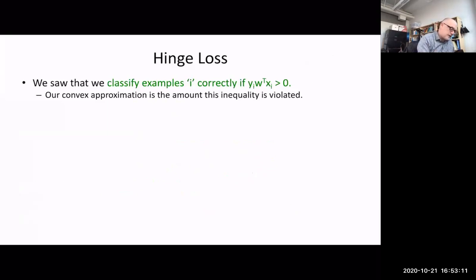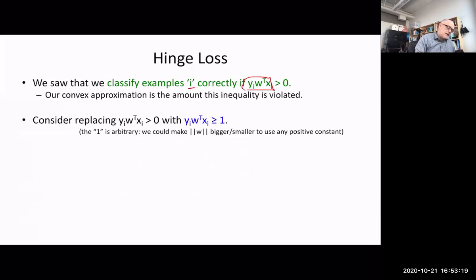So the hinge loss says, look, if we classify example i correctly, if y_i w transpose x_i is greater than 0, our convex approximation is the amount this inequality is violated. So we want to make things more right. This will make sense in just a second. We're considering replacing this 0 with a 1. The 1 is arbitrary.